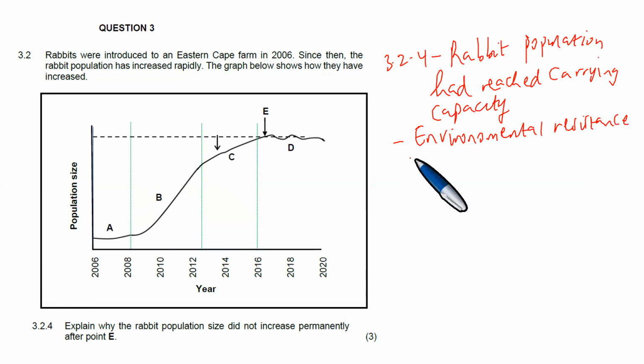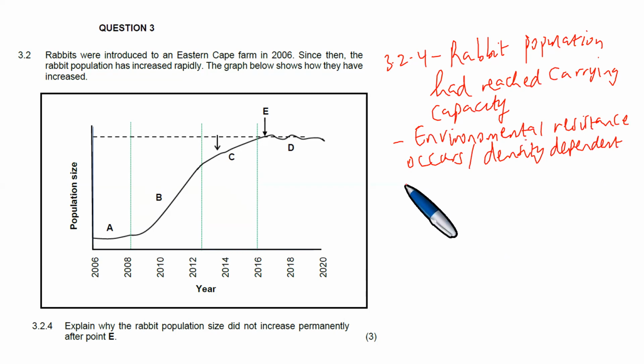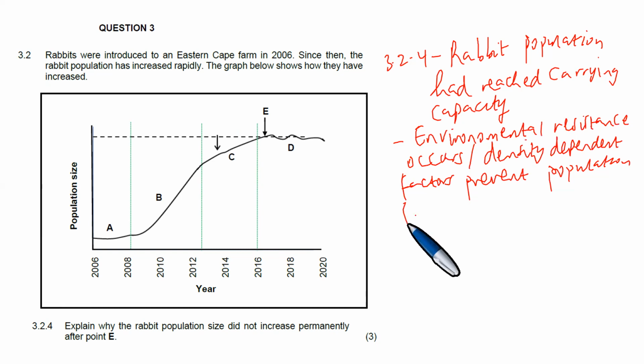The environmental resistance occurs, or the density dependent factors prevent population from increasing.